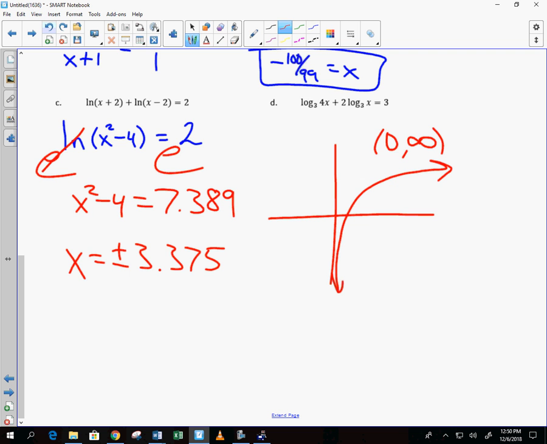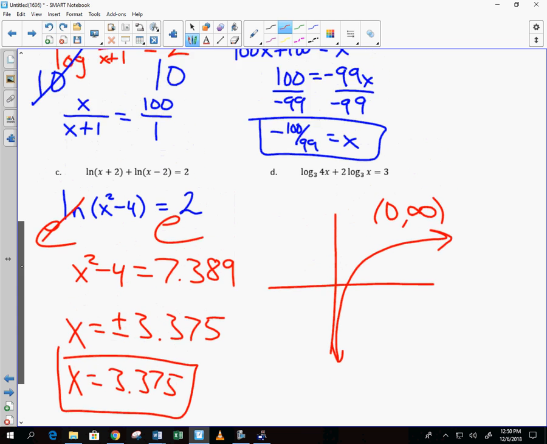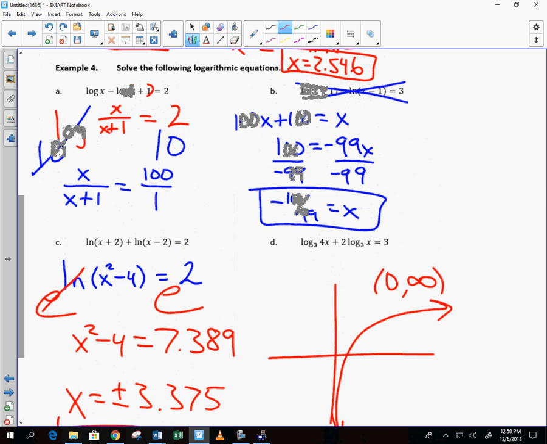That's problematic. So the fact is that only 3.375 works. Look at your previous one. Negative 100 over 99. If you plug that back in, you get the logarithm of a negative. You can't have that. So therefore, no solution.